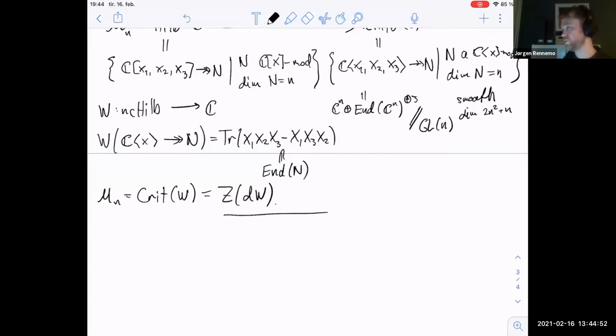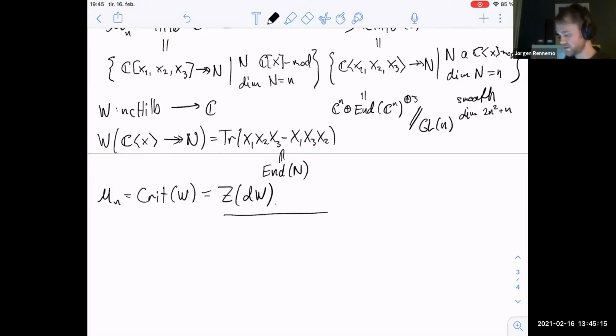So this section is not necessarily transverse, but if it were transverse, you could compute the structure sheaf of the moduli space by taking the Koszul resolution. So the thing to do for the virtual structure sheaf is to just take the Koszul resolution.